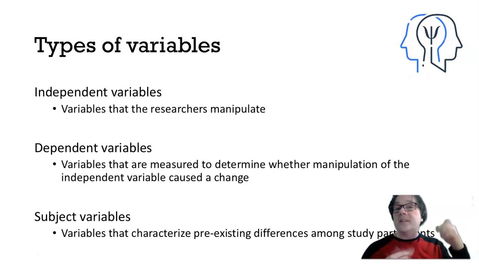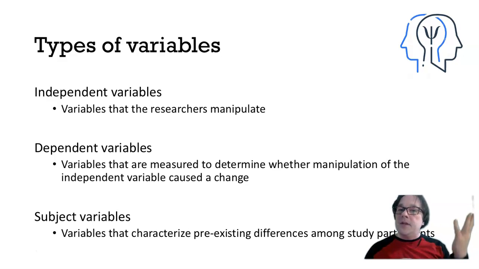So in other words, is depression dependent, at least in my study? Are people's depression scores dependent on whether or not they got Prozac? So the medication is something that I manipulated. Their depression score is something that I'm going to measure.